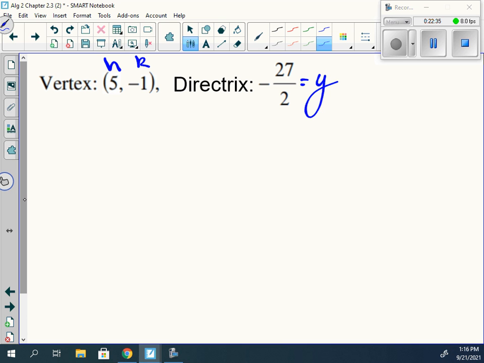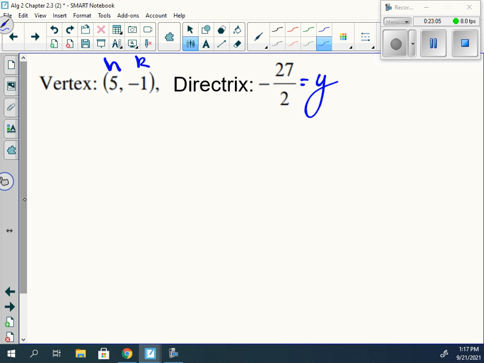Now, the directrix, looking at this here, the directrix, if we're given it, is almost easier to tell which general form we have than the focus and vertex. Why is that? Right, because if we have the equation y equals 1/4p times x minus h squared plus k, the directrix is y equals. The other equation's directrix is x equals.